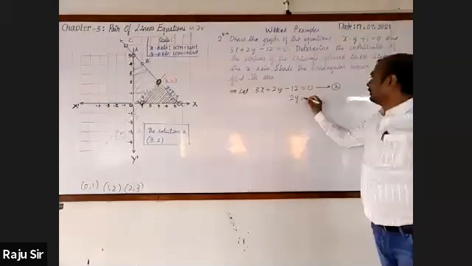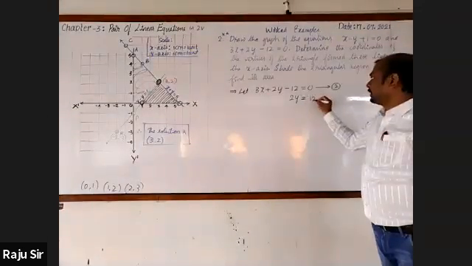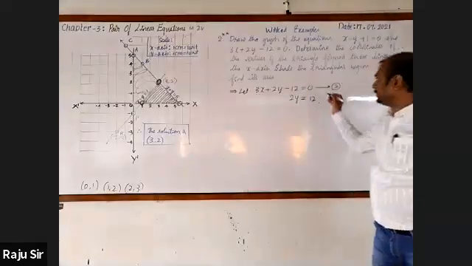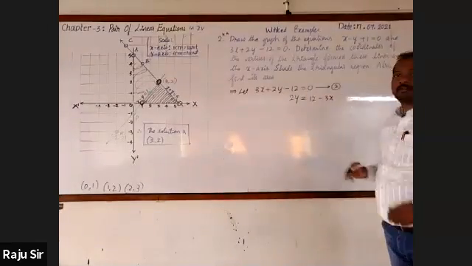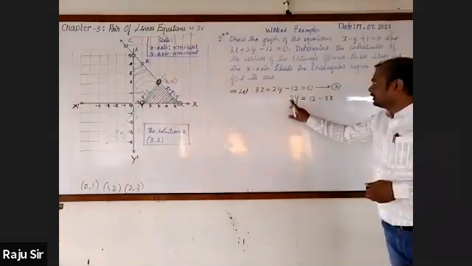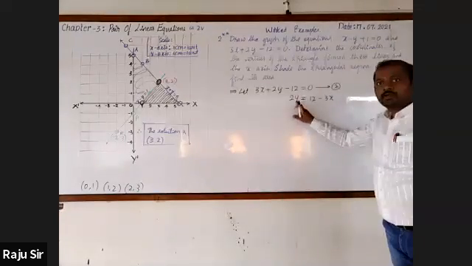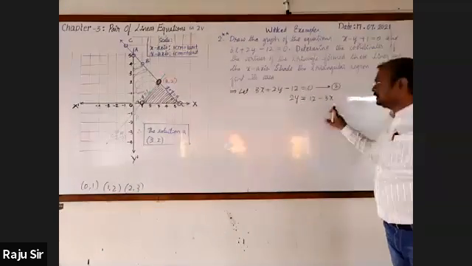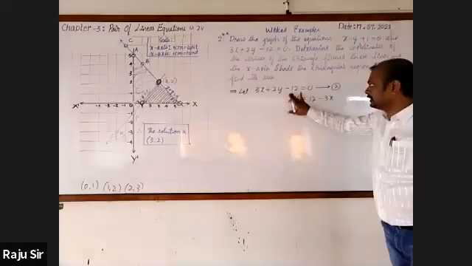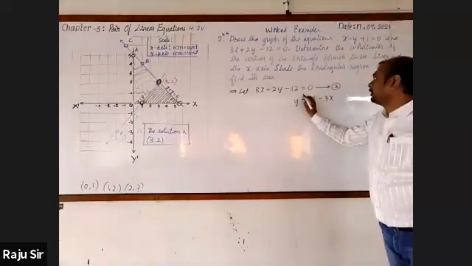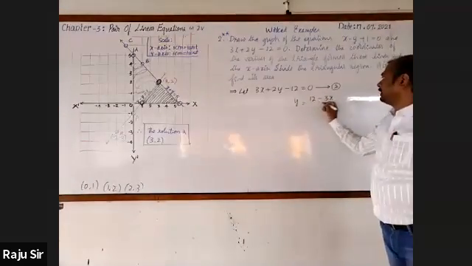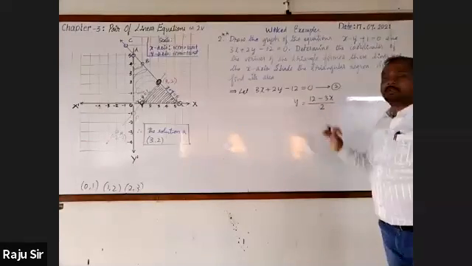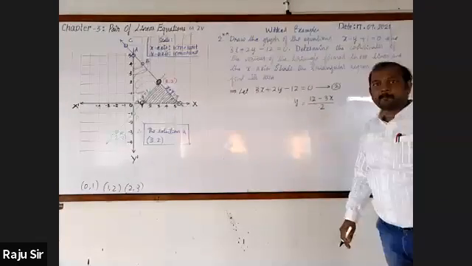Minus 12 becomes plus 12. 3x becomes minus 3x. Here 2y is there. Now transpose 2 to the denominator. y is equal to 12 minus 3x by 2. Have you got it?